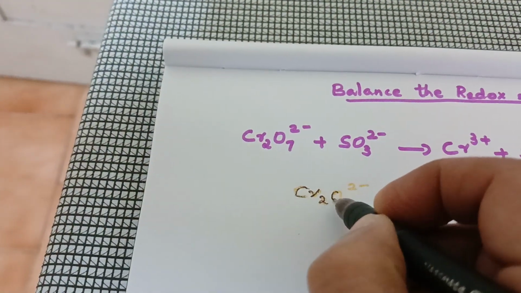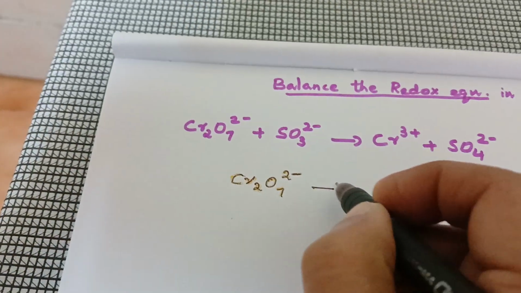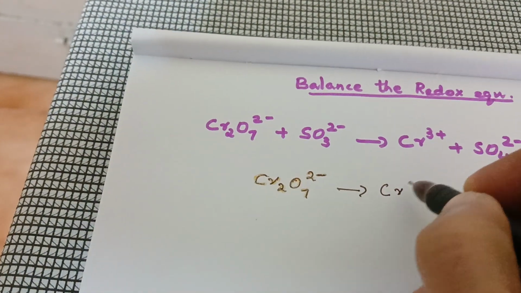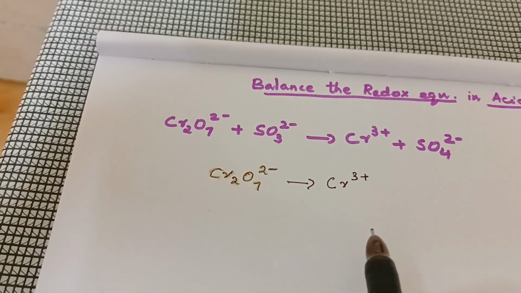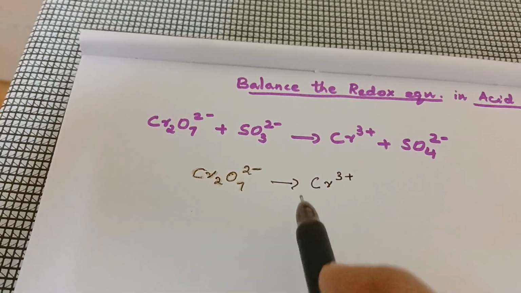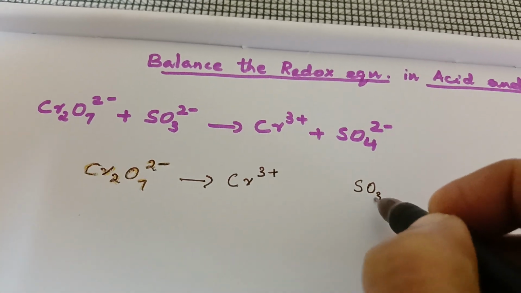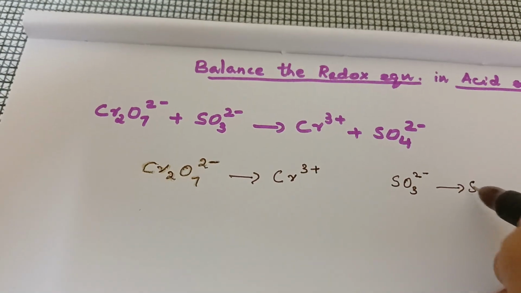So Cr2O7 2- giving on the right hand side you have Cr3+. So that is the first half reaction, half equation. Next one is SO3 2- giving SO4 2-.